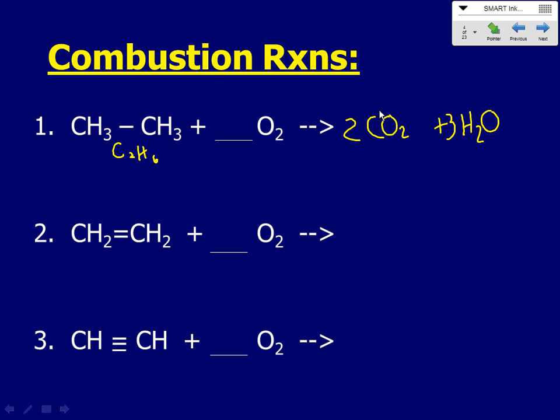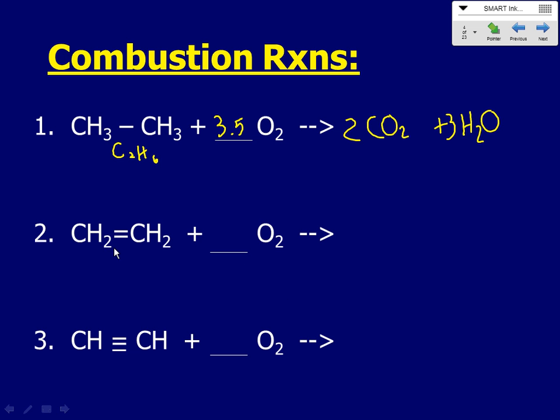So when I'm calculating oxygens, I'm thinking about O2s. How many O2s can I make? I got 2 O2s in that carbon dioxide. Here, there's single O's. So how many O2s can I make out of 3 single O's? 1.5. 1.5 plus 2 is 3.5 O2s needed for that.